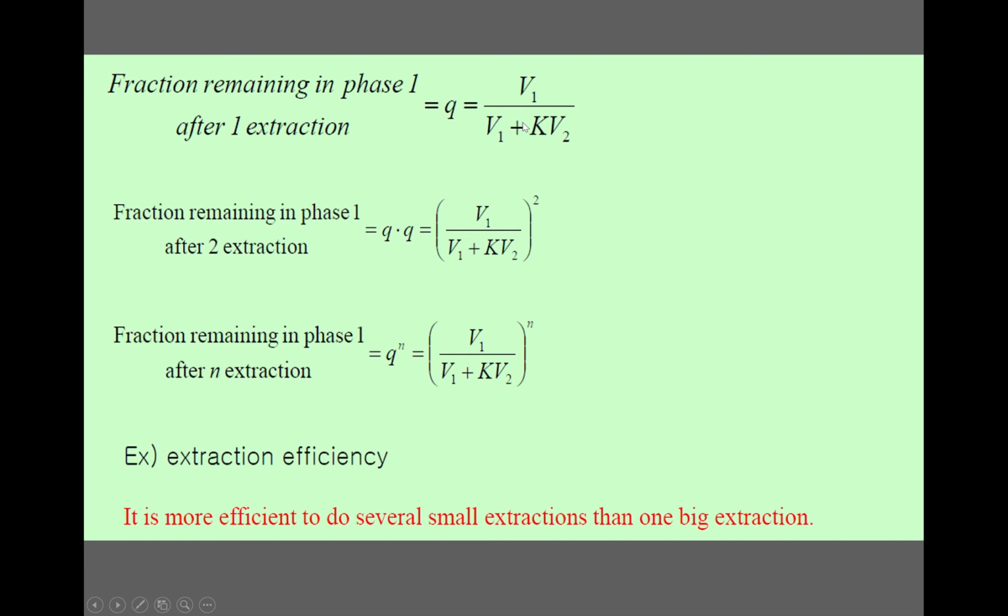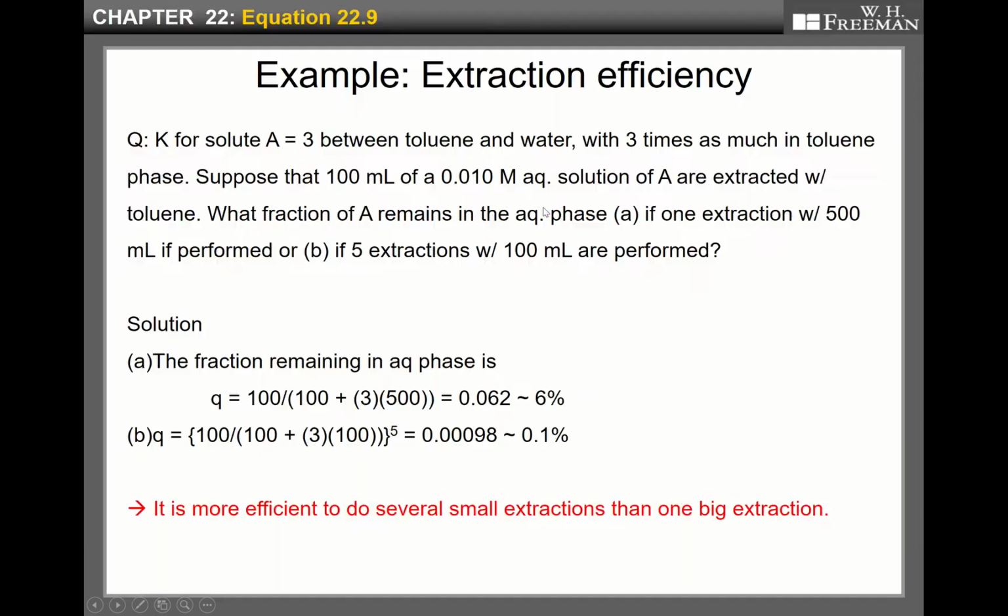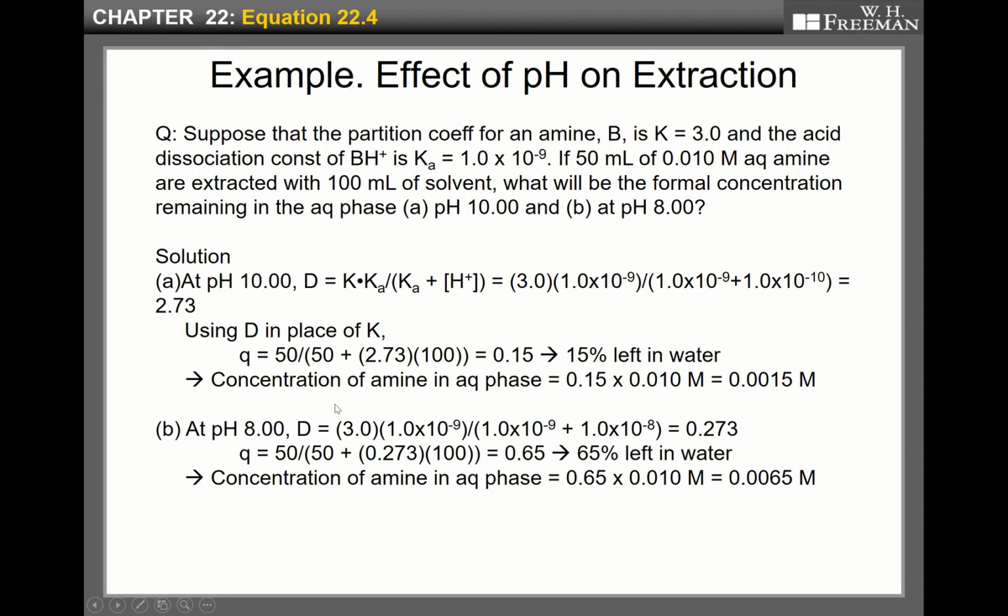But in this case, let's use D instead of K. We can use the D in place of K. And the small q is 0.15, which means that 15% of the amine is left in water.